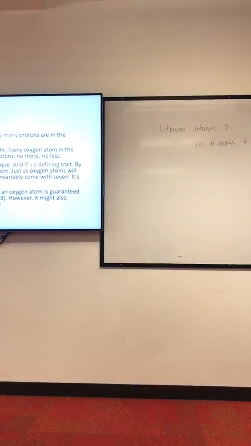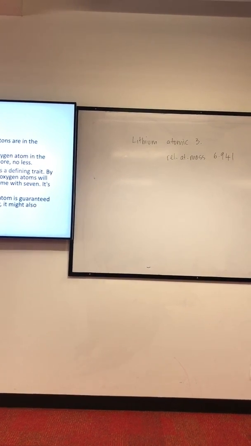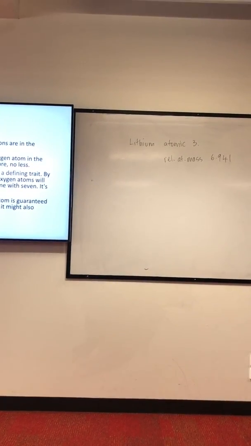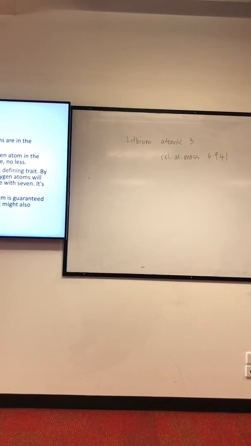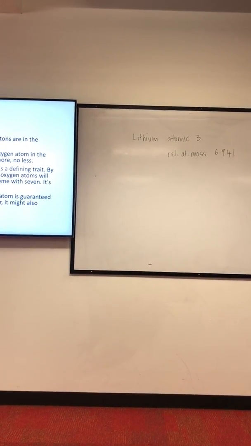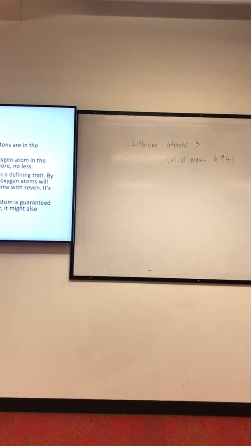Okay, so the relative atomic mass is actually the average mass of all the isotopes, so all the different variations of lithium that have different numbers of neutrons, averaged out, and it's based on the ratio of those differences.